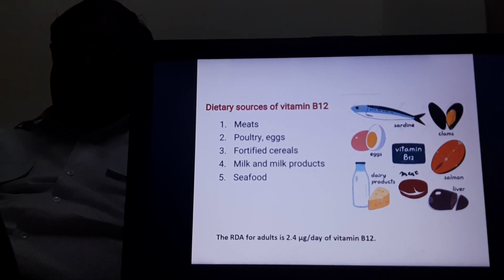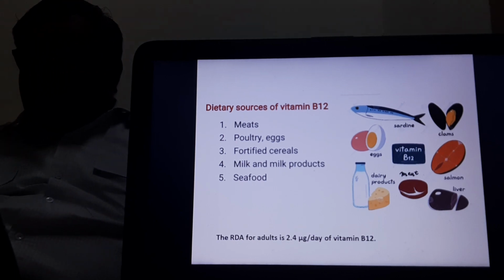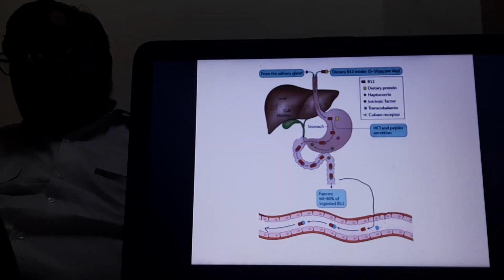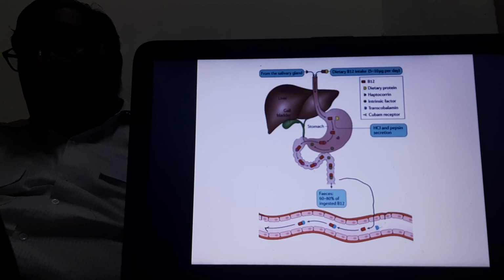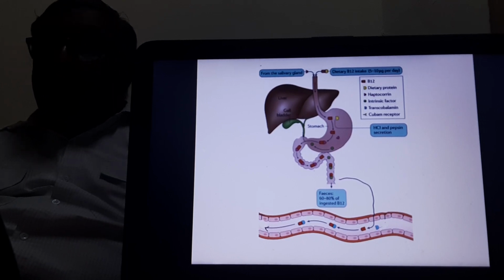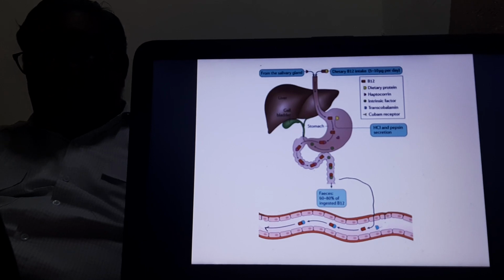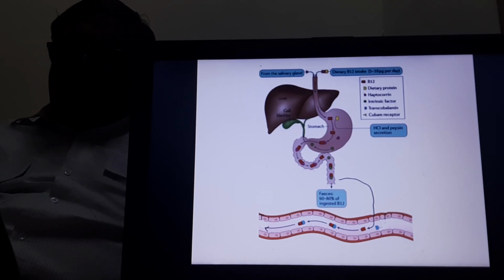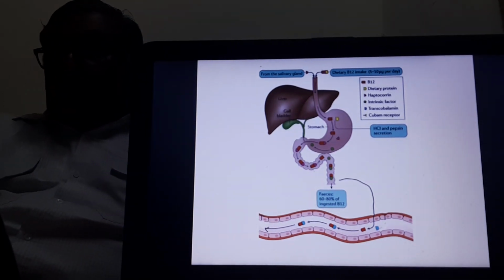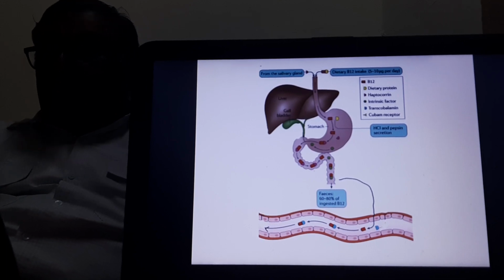So these are the foods. People who are vegans, that means who do not even consume milk, what to talk about non-vegetarian food, are at risk to develop B12 deficiency if they continue with their habit for a prolonged time. The recommended daily allowance for an adult is 2.4 micrograms per day.